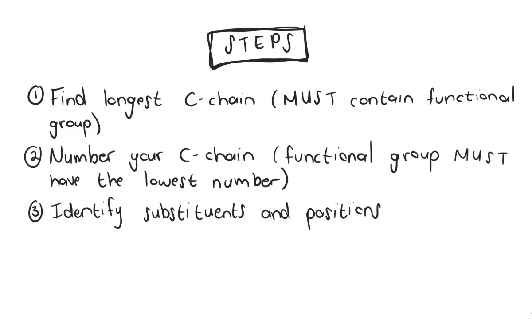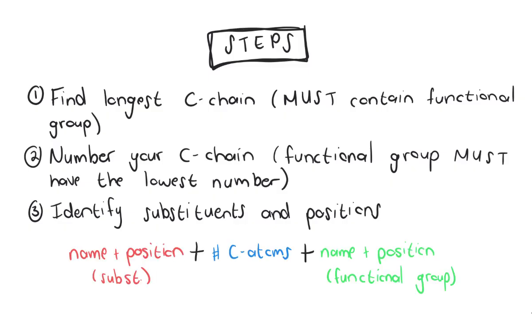So remember, in the prefix, I input all my substituents and their positions. Remember, if two substituents fall on the same carbon atom, even if they are the same substituent, you need to name it twice, and you just put the di in front of it, or the tri, or whatever.